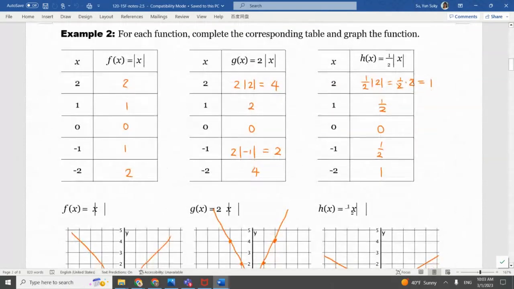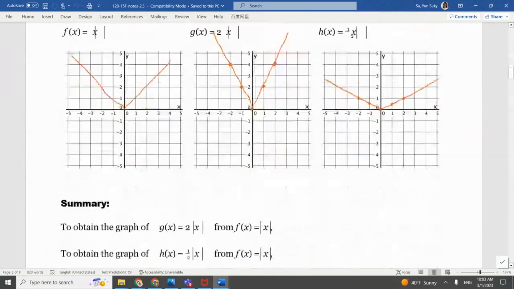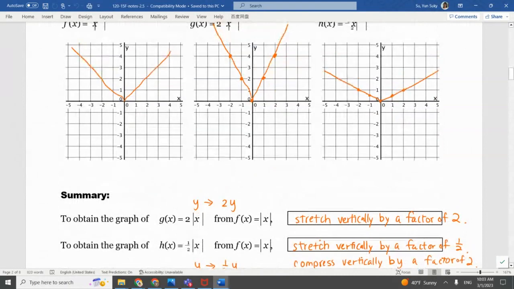So this is changing the y. And if we multiply the whole thing by 2, this is still changing the y, okay? If you multiply the whole thing by 2, then the effect is we have vertical stretch, a vertical stretch by a factor of 2. If you multiply the whole thing by a fraction less than 1, then you get compressed.